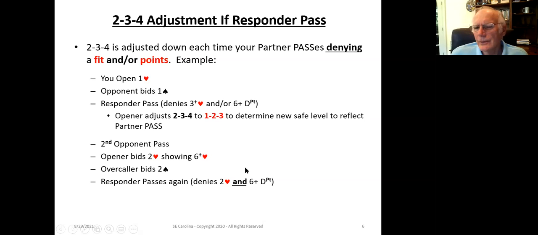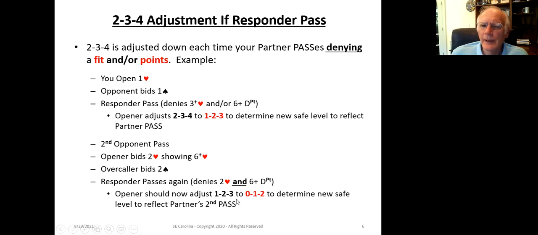What you're going to do is, in essence, decrement your count again and say, okay, I cannot bid to the 3 level by myself because it's now questionable as to whether even the 2 level is safe. Now, if your partner indeed has something and wants to further compete, they'll bid 3 hearts. You should not do that on your own.